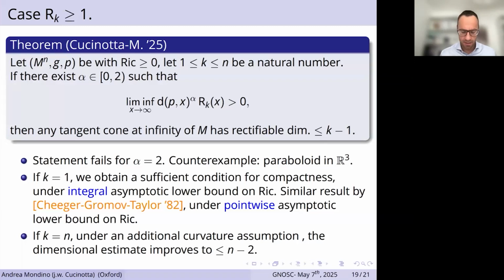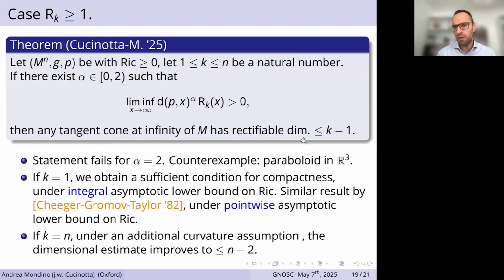So the easy statement would be: sectional curvature non-negative and this decay on the scalar curvature, then the tangent cone at infinity has rectifiable dimension at most n minus 2, so you gain 1 more.